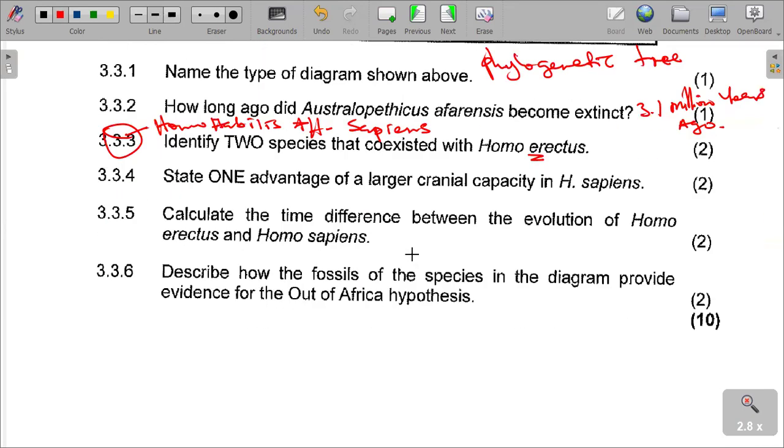And then the last question: state one advantage of a large cranium capacity in Homo sapiens.